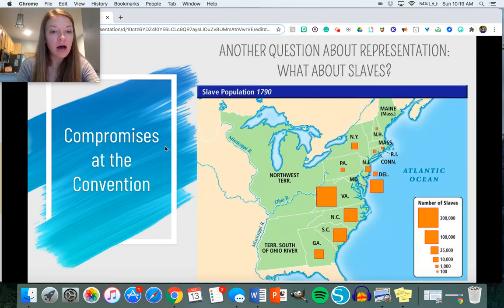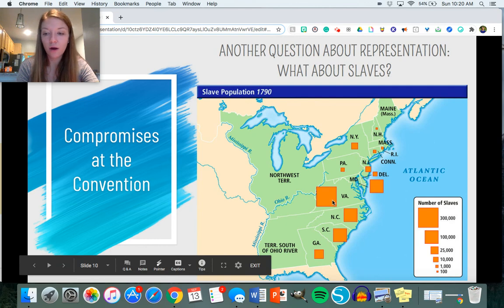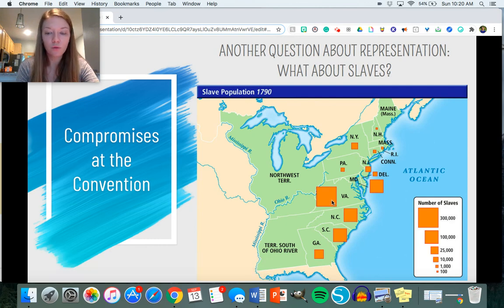Another question popped up about representation, and that was, what about slaves? So you can see in this picture here that the slave population was very different in the North versus the South. So the larger the square, the more slaves there were.